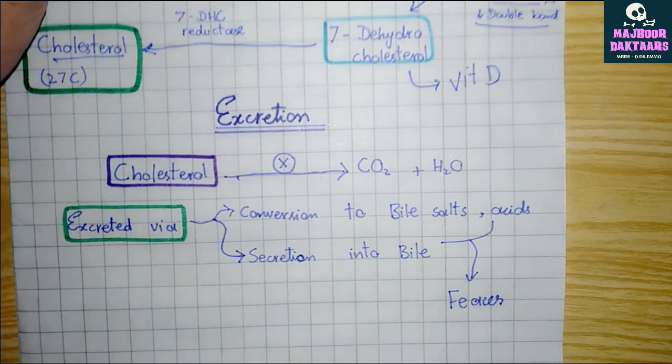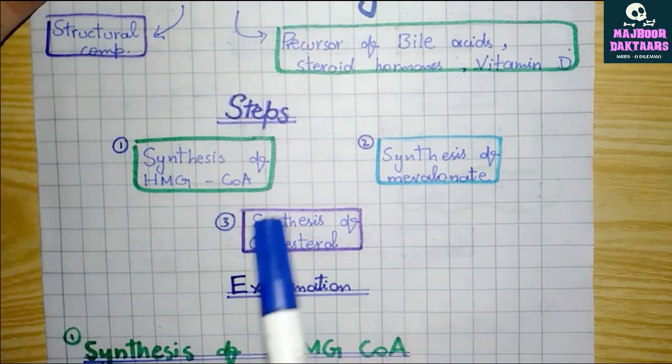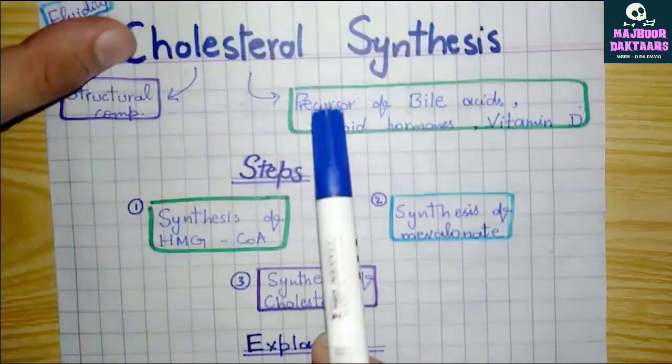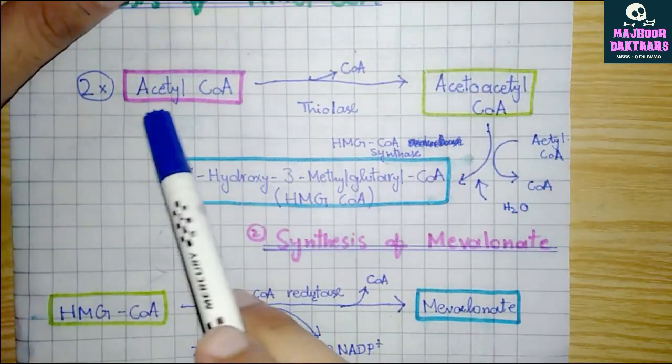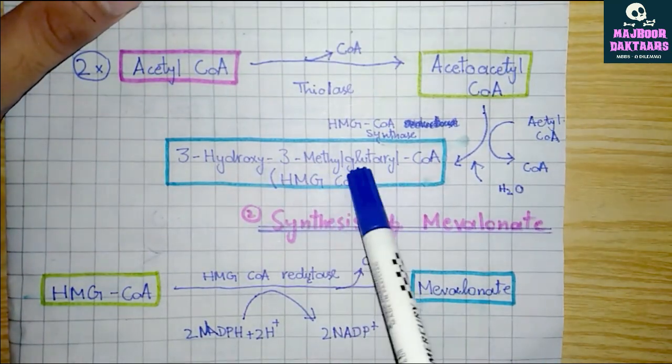So giving a quick summary of the process, the cholesterol synthesis consists of synthesis of HMG-CoA. We have made HMG-CoA by the condensation of acetyl-CoA.